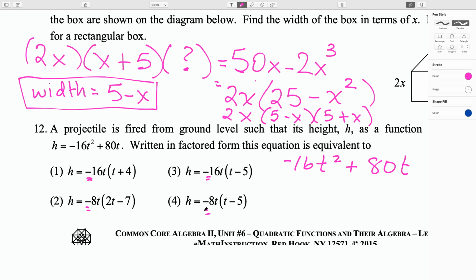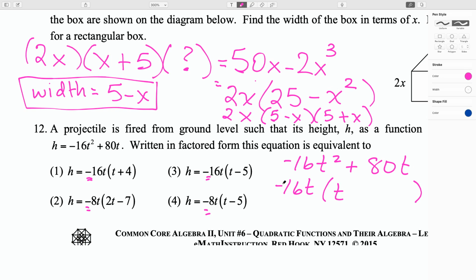So let's think. What can go into both negative 16 and 80? I have a feeling it's negative 16. But let me check. 80 divided by 16 is 5. So negative 16t is our GCF. What do we need to multiply negative 16t by to get negative 16t squared? A t.